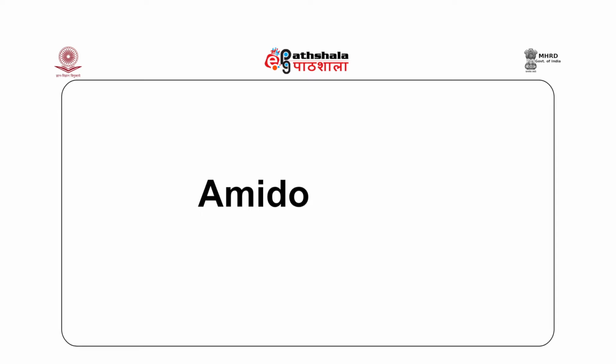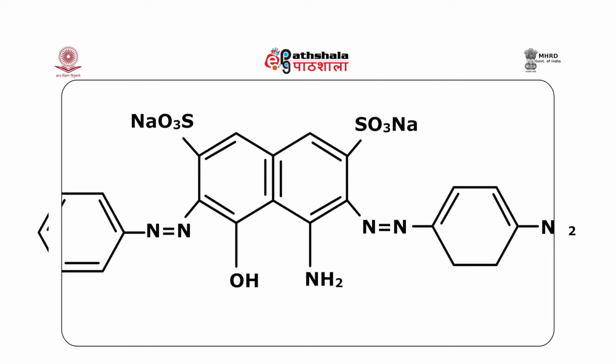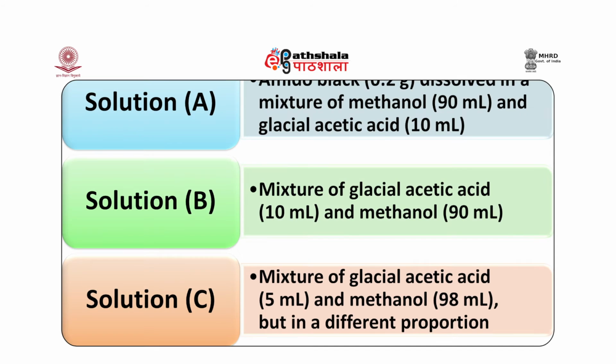Number 1. Amido black. While using amido black reagent, the structure of which is set out in the figure, three solutions need to be prepared. Solution A contains amido black dissolved in a mixture of methanol and glacial acetic acid. Solution B is a mixture of glacial acetic acid and methanol. Solution C also contains a mixture of glacial acetic acid and methanol but in a different proportion.